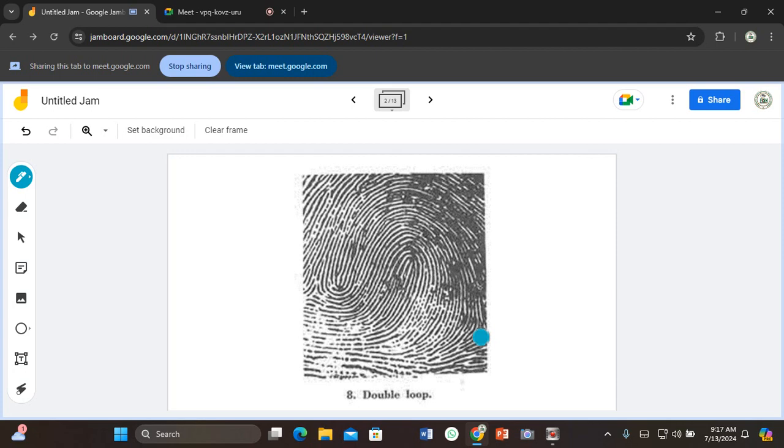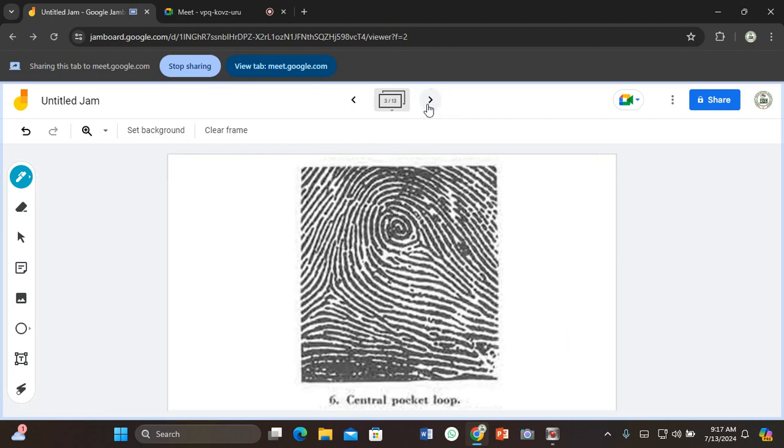Let's go to this next design or next pattern that you call central pocket loop. Central pocket loop. Now, in this central pocket loop, if you look at it very well, the central pocket loop has two datas also, and at least one ridge making a complete circuit.